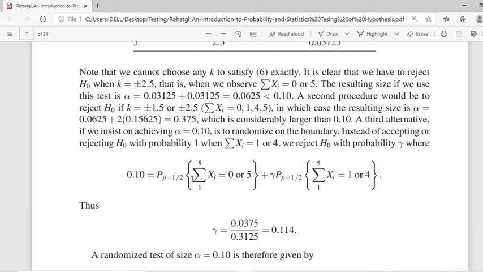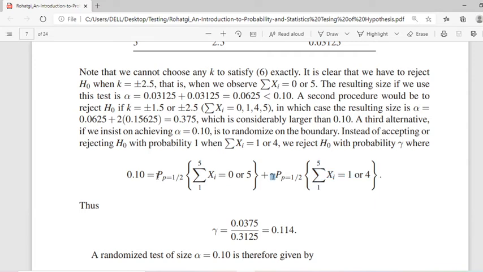In the first case we can certainly reject. In the other case we reject with probability gamma. This is certain, this is not certain, this is random. How much random? Gamma is the probability of rejection when we observe summation x equal to 1 or 4.